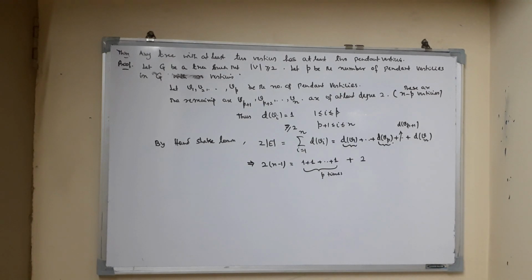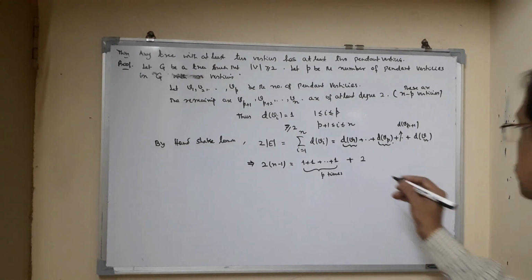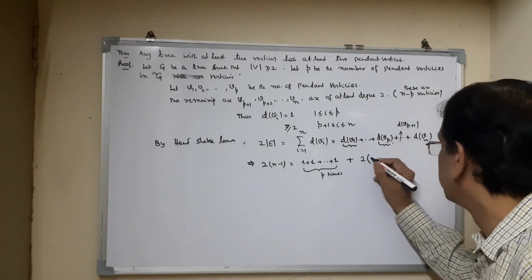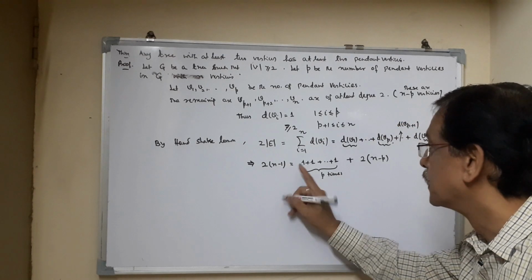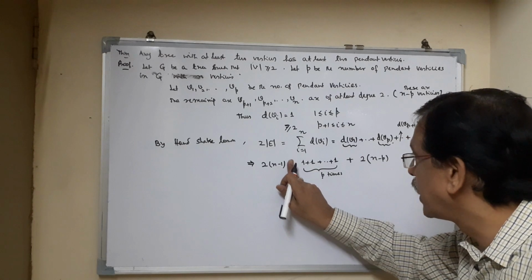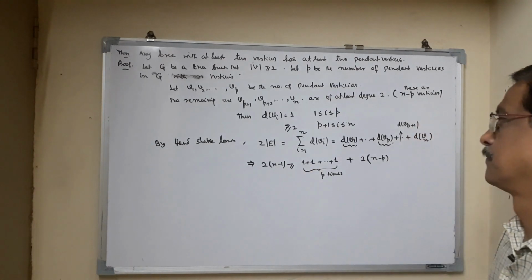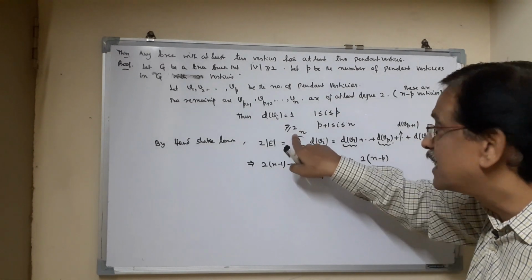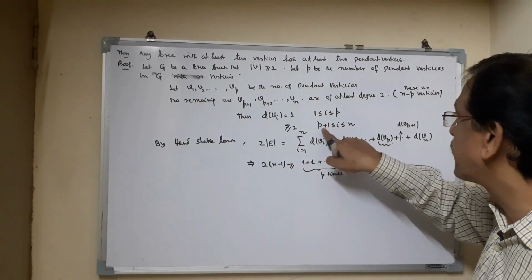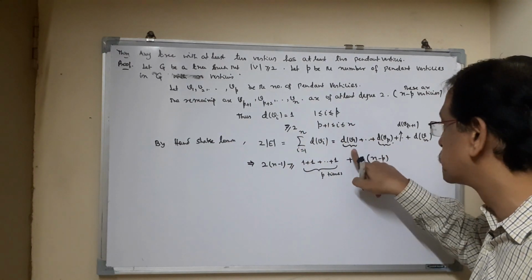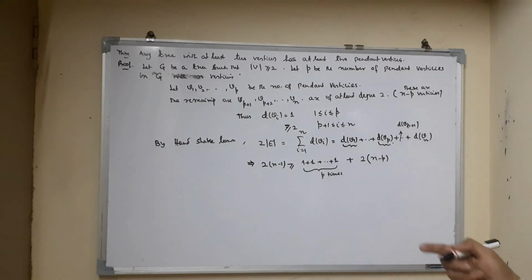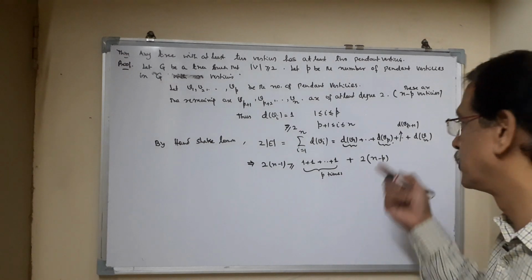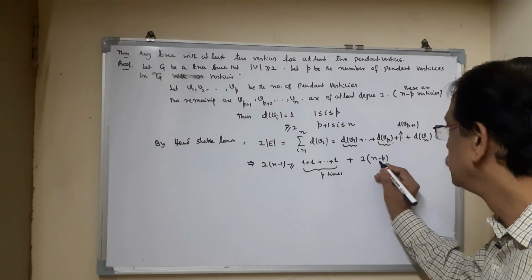So if you look at that, it will be 2 into n minus P. At least n minus P, so I have to write greater than or equal to, because from P plus 1 to n, each is at least 2. So 2 or 3 or 4, whatever it may be.